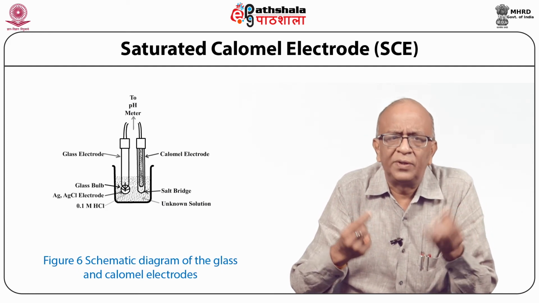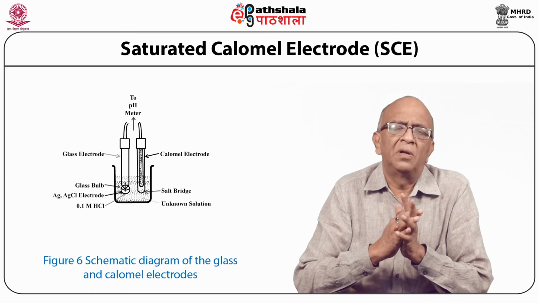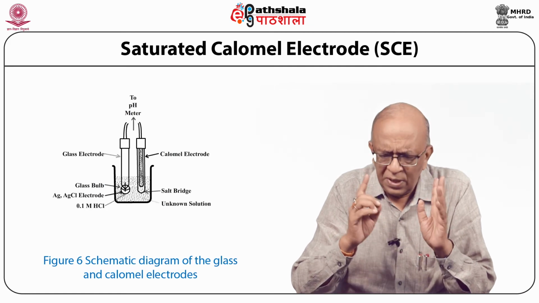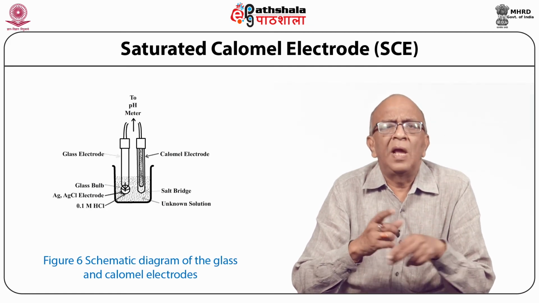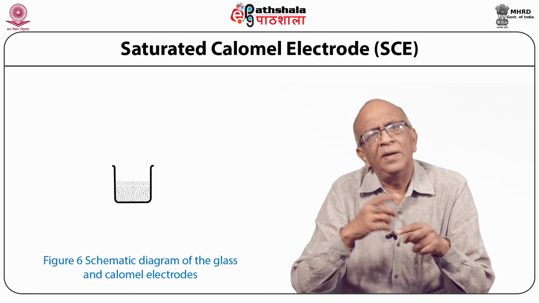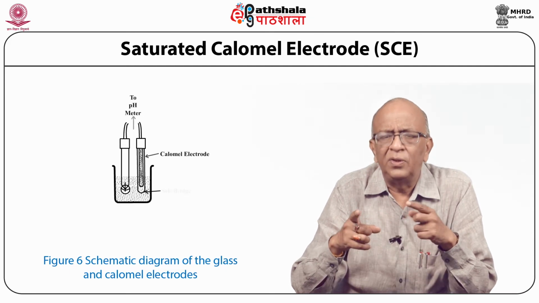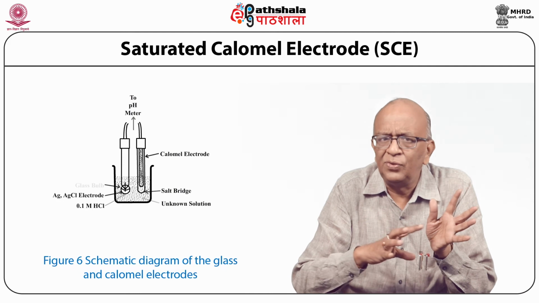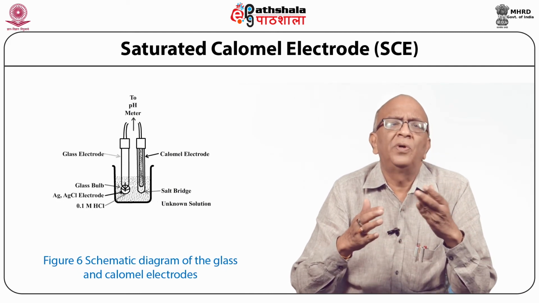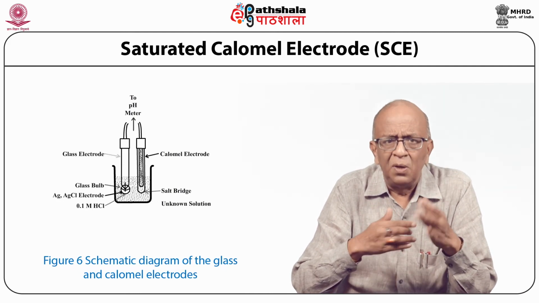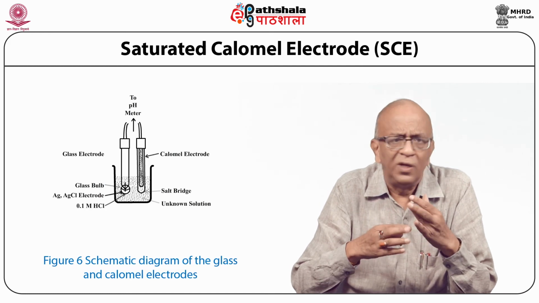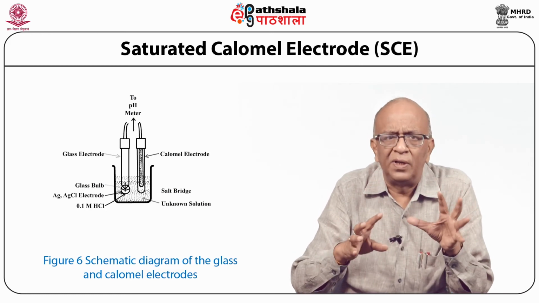One is the working electrode or indicator electrode. At the indicator electrode, we apply the potential and its potential changes as we apply it. Another is the reference electrode whose potential remains fixed. When we apply a certain potential, its potential will not change.